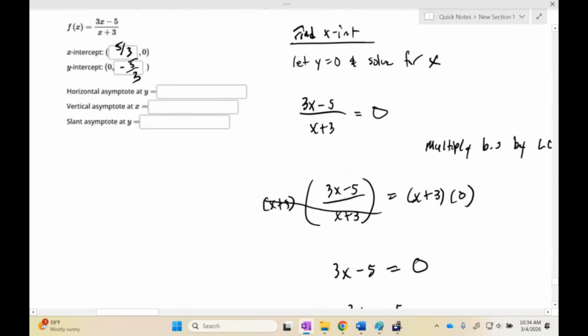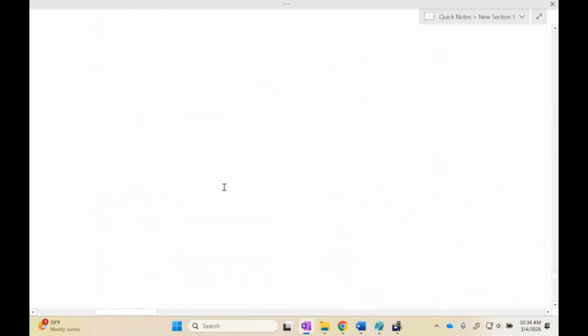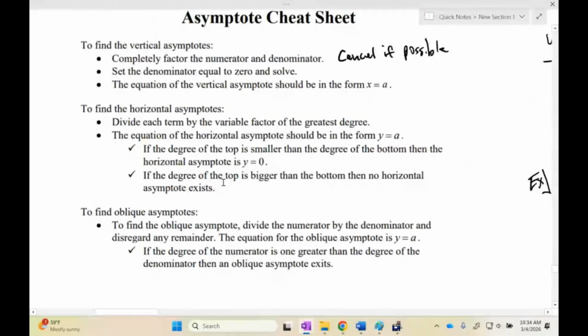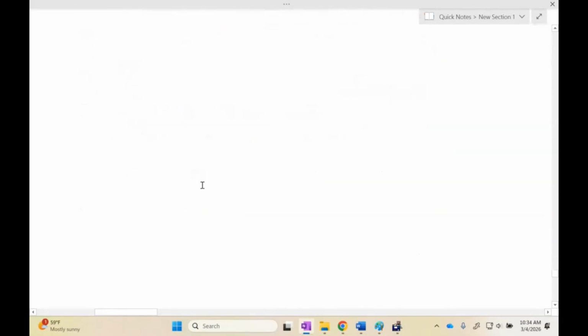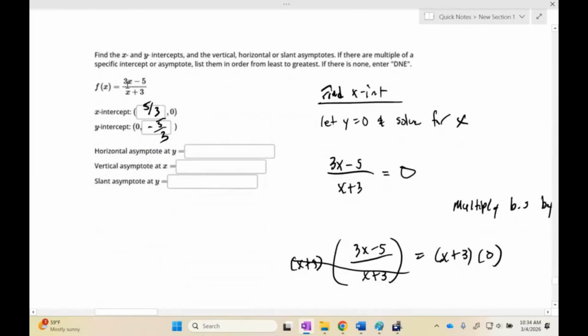All right, the horizontal asymptote. In order to find it, I'm going to refer back to the cheat sheet and look at these bullet points. I want to look at the degrees of my numerator and denominator. What is the degree of the numerator?